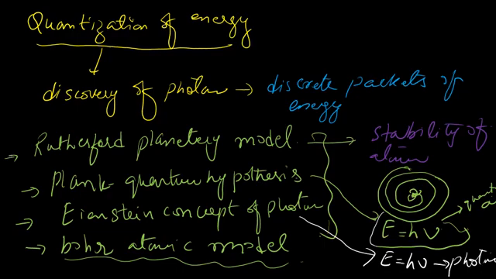Bohr proposed his atomic model in 1913, which accurately accounts for the atomic spectrum of the hydrogen atom. In this model he used the concept of quantization of energy to explain the spectrum of the hydrogen atom.